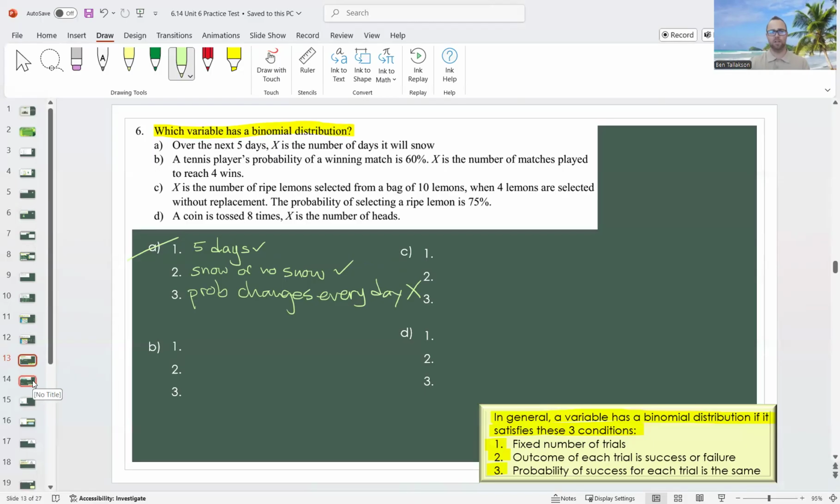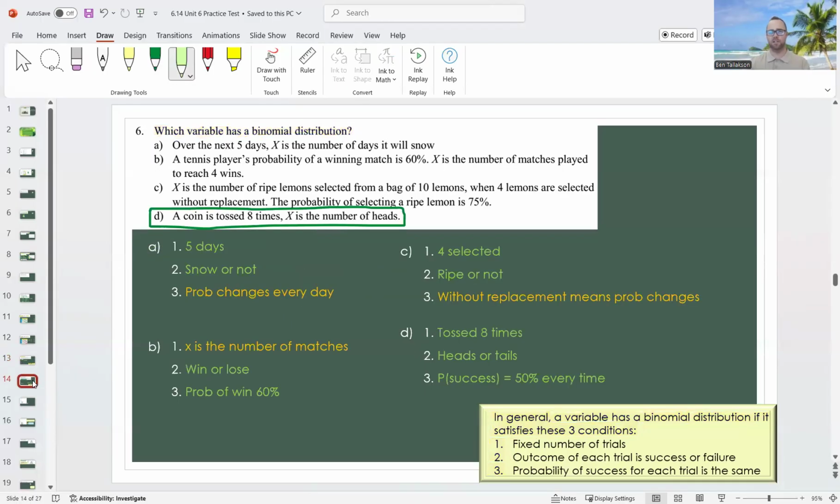Okay, the answer is D. We're going to go through all of these though, so you fully understand. We already checked A. B, a tennis player's probability of winning a match is 60%. X is the number of matches played to reach 4 wins. Well, X is the number of matches right away.